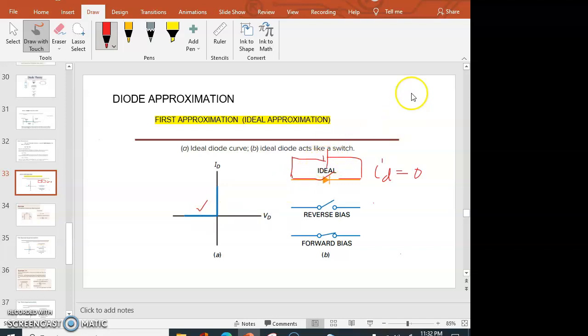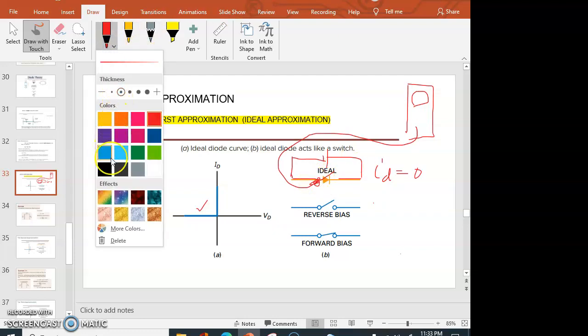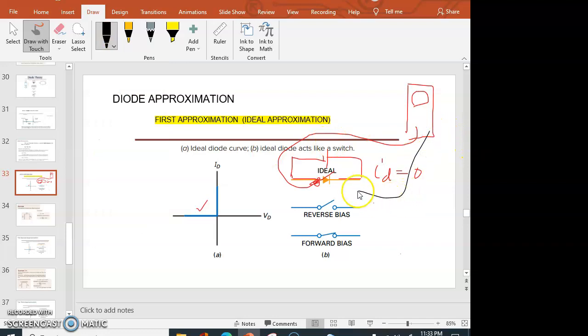Then obviously, if we also have a tester here, say for instance an analog tester, and we want to test the voltage across the diode, I'll place here the positive probe, and I'll place the negative probe at this side. So the reading will be equal to the source voltage, which is the reverse bias voltage, and that's the reason why you have here a value for the reverse bias.